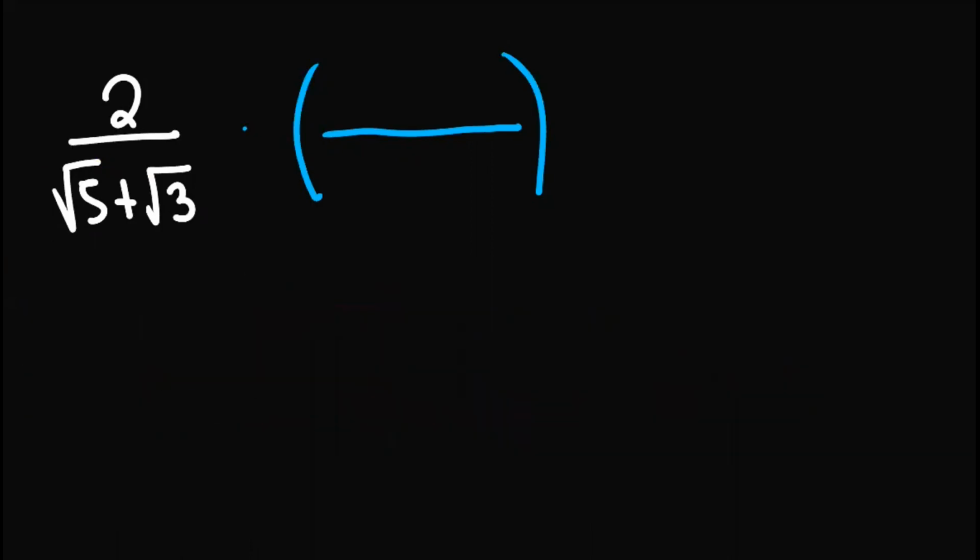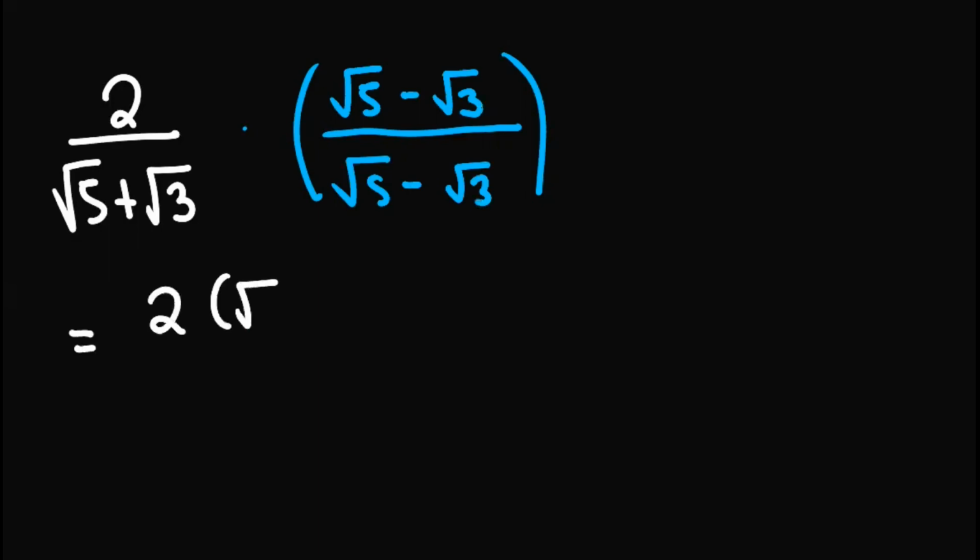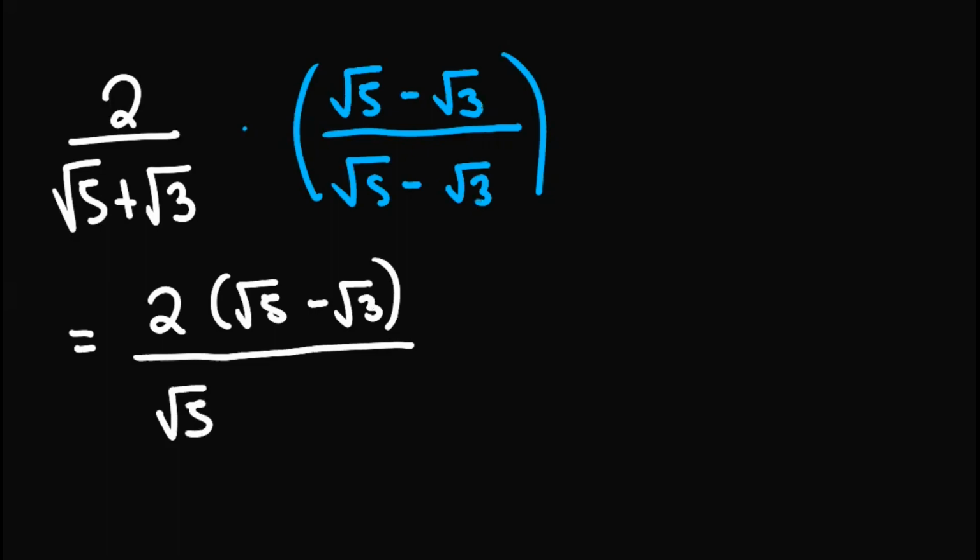If we multiply its difference, since this is a sum, we multiply square root of 5 minus square root of 3 over square root of 5 minus square root of 3. In the numerator, we'll have 2 times square root of 5 minus square root of 3, all over, by sum and difference, we simply square the first term, square root of 5 squared, minus square root of 3 squared.